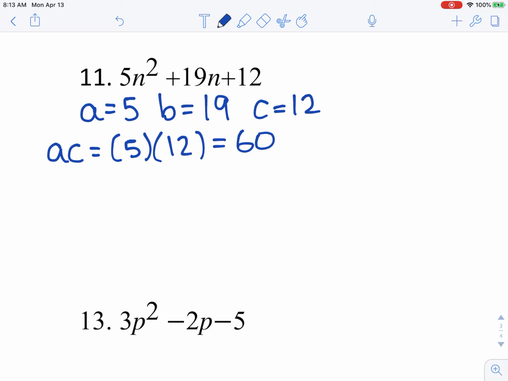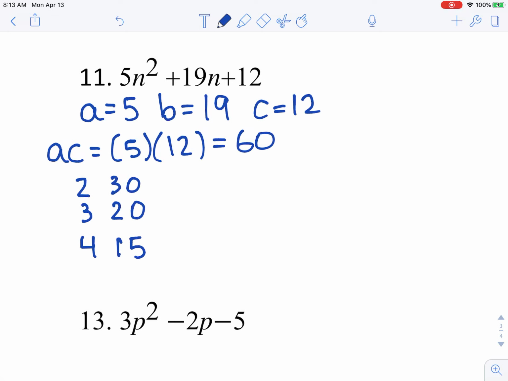So you multiply A and C together. And then we come up with factors of this product. So there are a lot here, so I'm just going to do a few of them. And since C is positive and B is positive, I know both of these have to be positive. So I'm just going to do like 2 and 30, 3 and 20, 4 and 15.